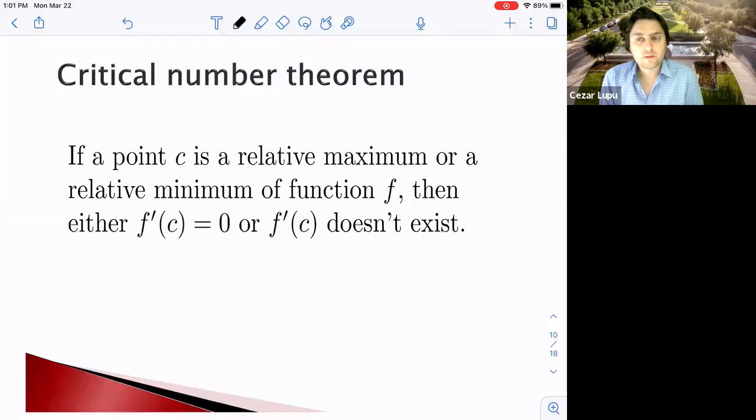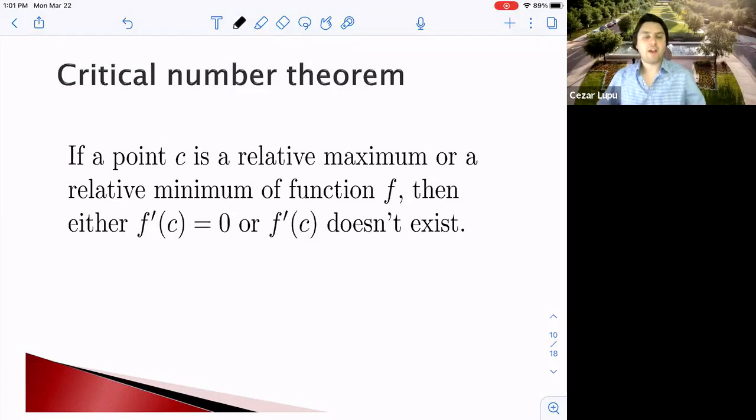This will be a very important theorem, because it will tell you how to find minimum and maximum of a function f. Well, more specifically, I would say relative min and relative max.